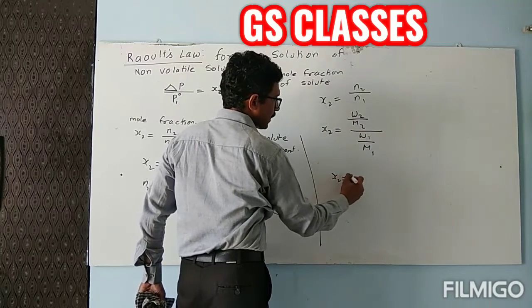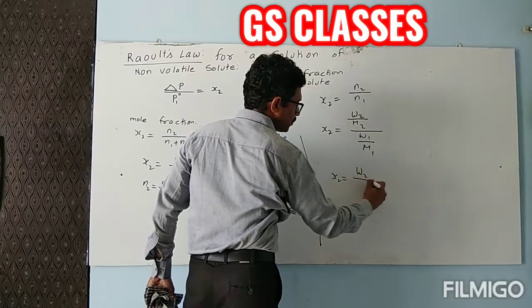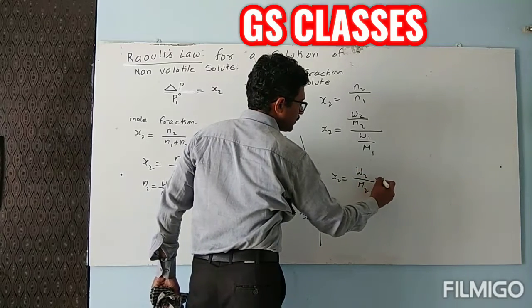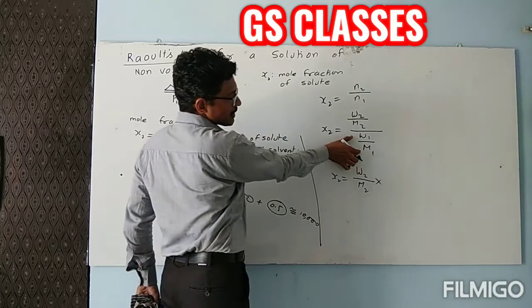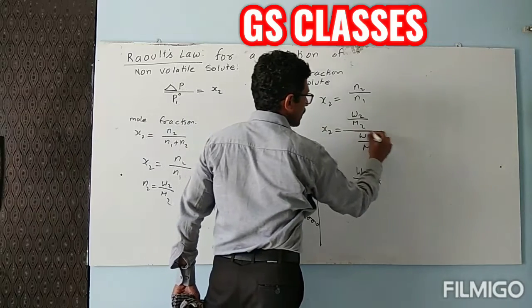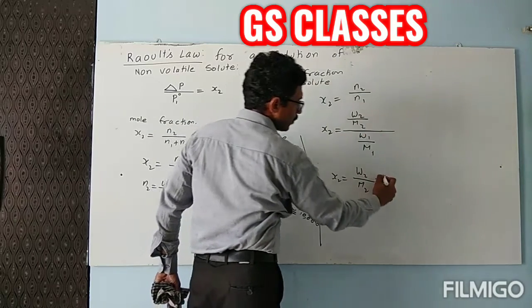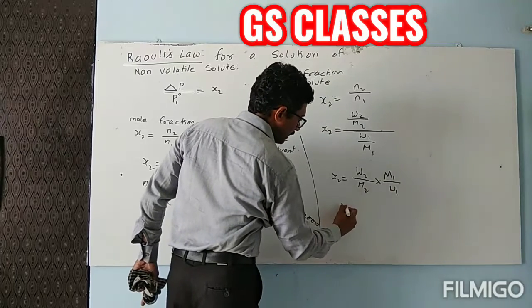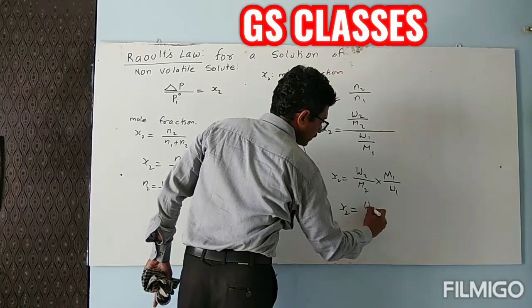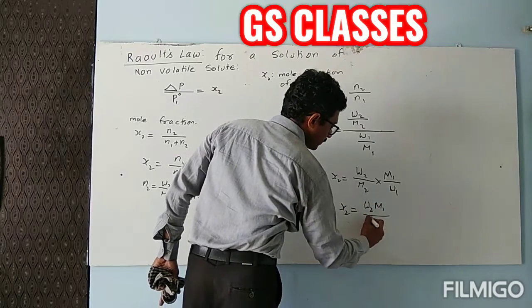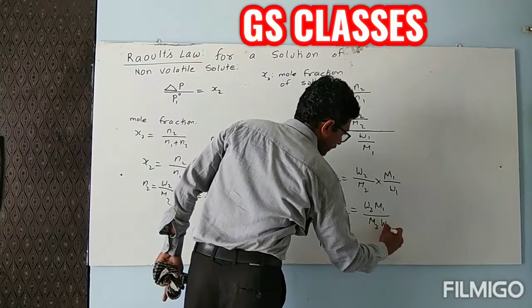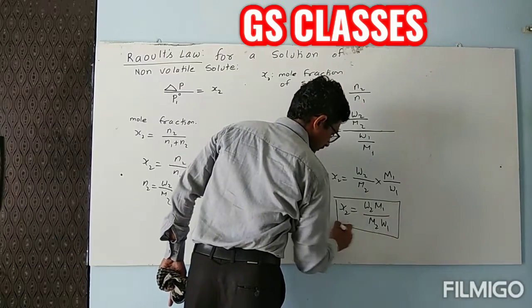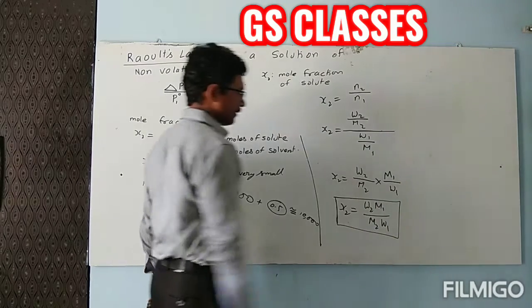So X2 is now going to be W2 upon M2 into, this moves to the upper side and gets inverted, and X2 is now W2 M1 upon M2 W1. This is the thing.